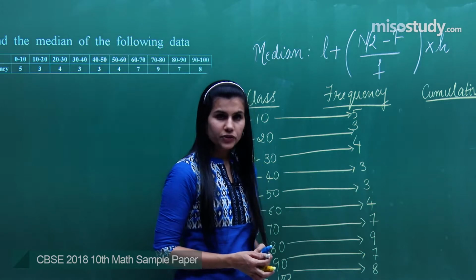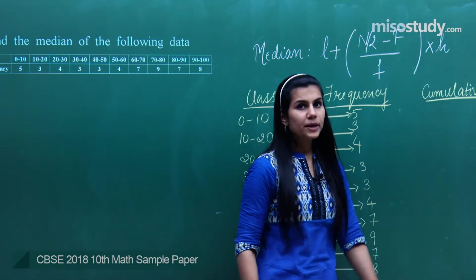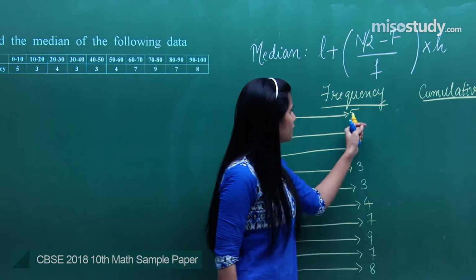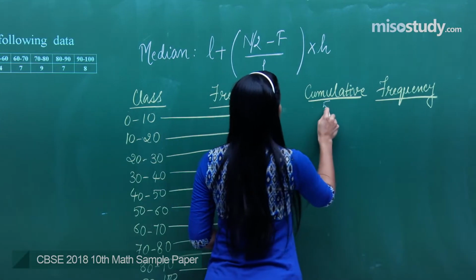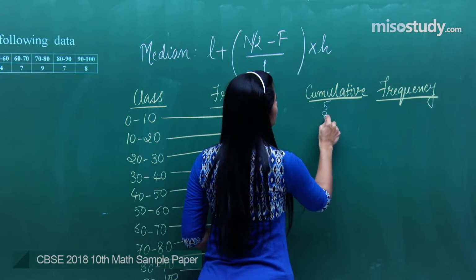Once you have this with you, how do you calculate the cumulative frequency? 5, keep it as it is. Then 5 plus 3 is 8.